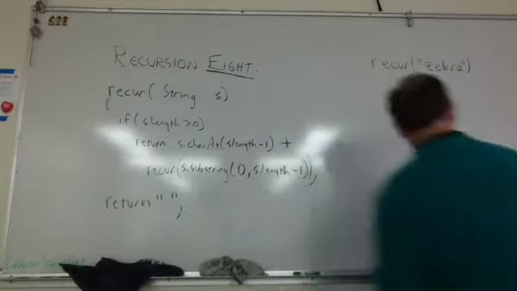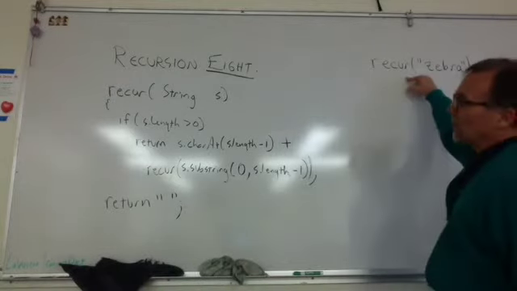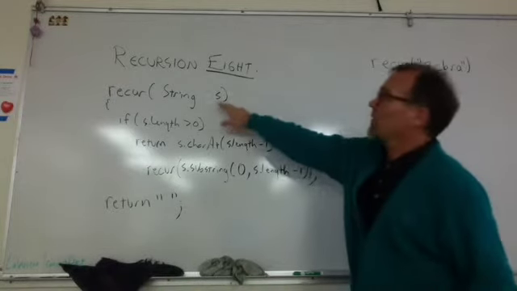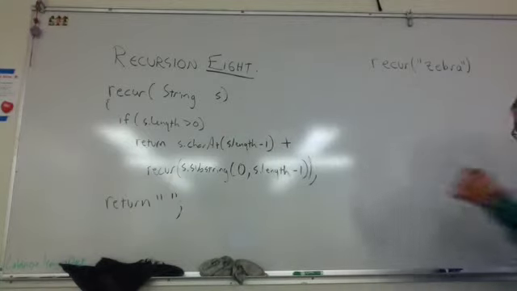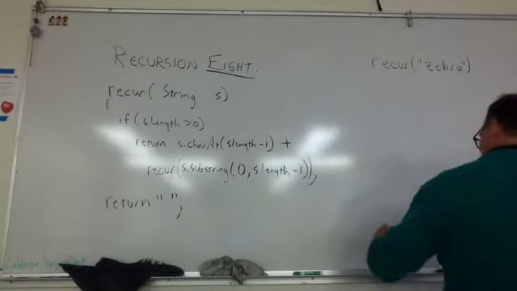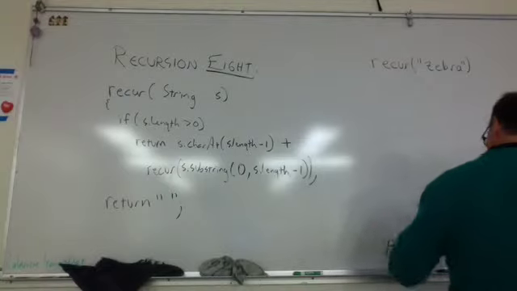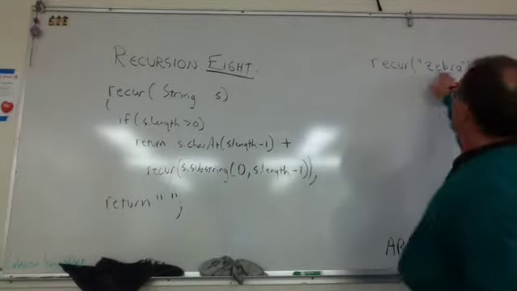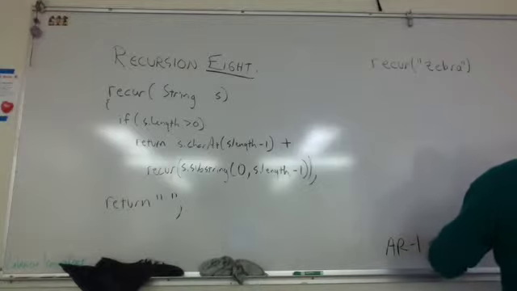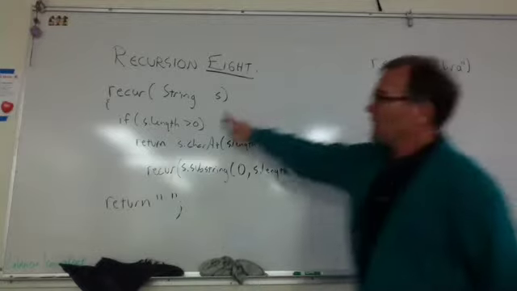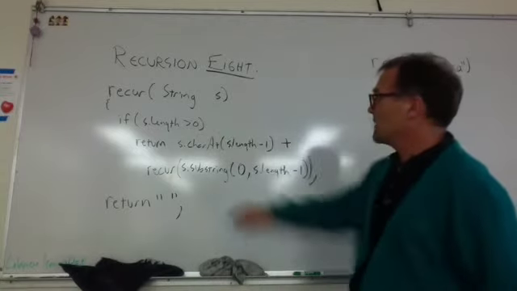So, again, when we call it the first time, we're calling it with the string zebra. In terms of the activation record, the first call of that method, the string we're using is zebra. The length of zebra is greater than 0.